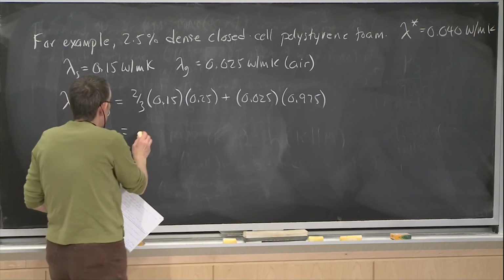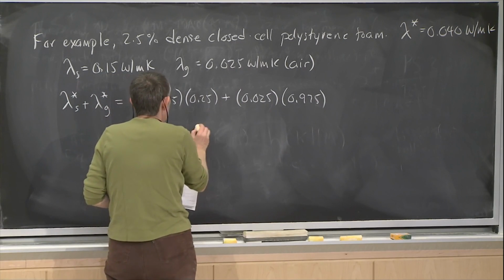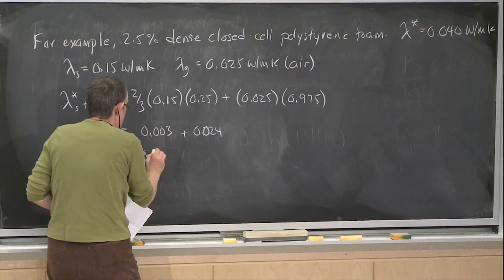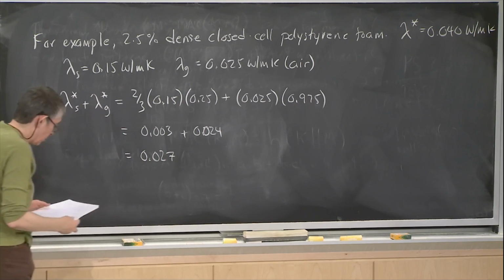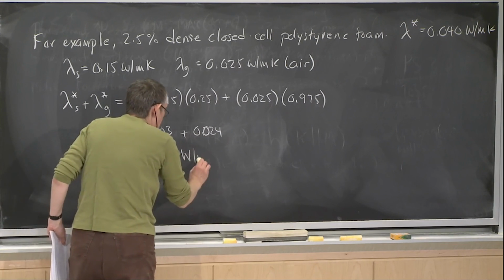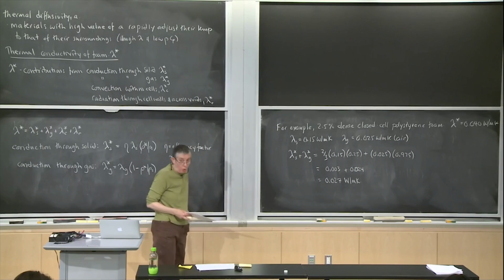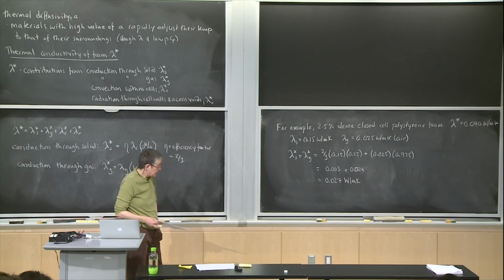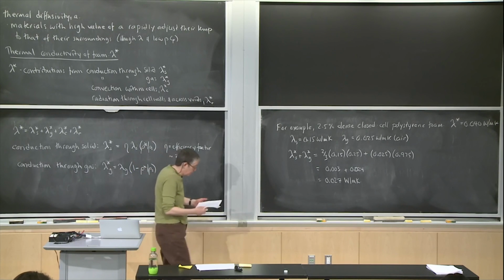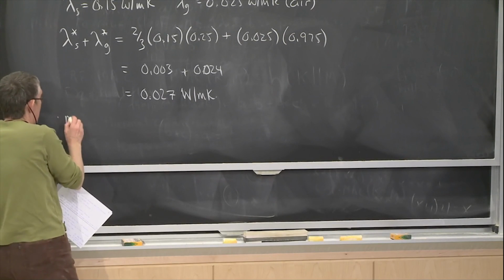And if I work those two things out, this is 0.003, and this is 0.024. So that total is 0.027 watts per meter K. So you can see if the total is 0.04, most of it's come from the gas, a little bit's come from the solid, and the rest is going to be from convection and radiation. And that's typical.